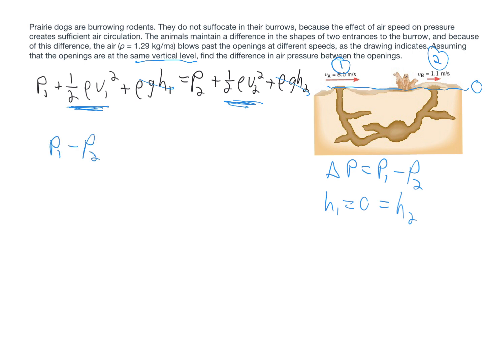P1 minus P2 equals 1/2 rho V2 squared minus 1/2 rho V1 squared, and I can let you run from there, but again, this is the delta P that you're being asked to solve for.